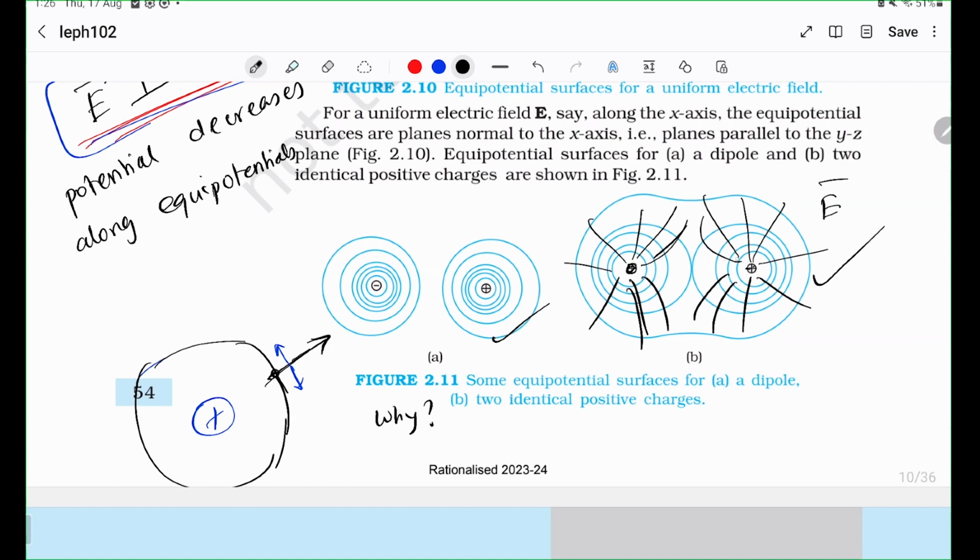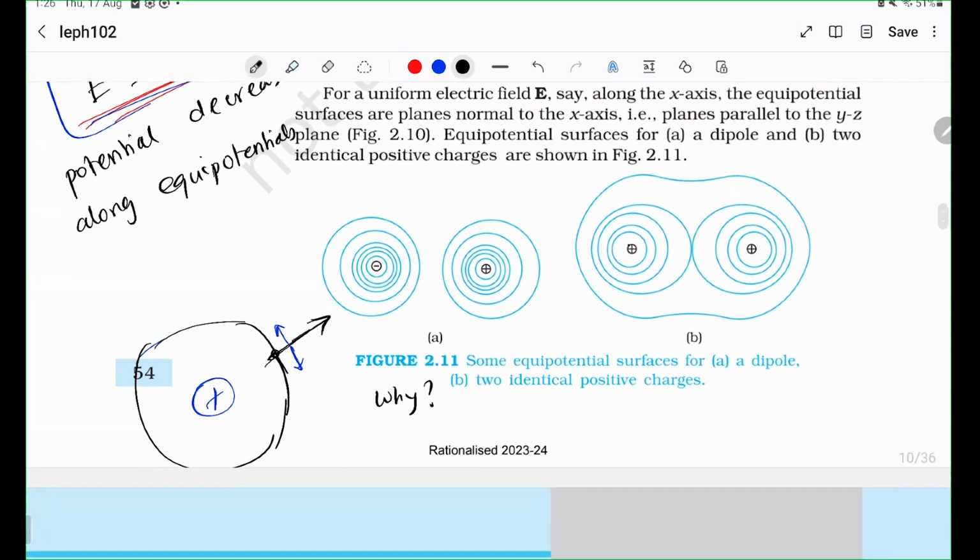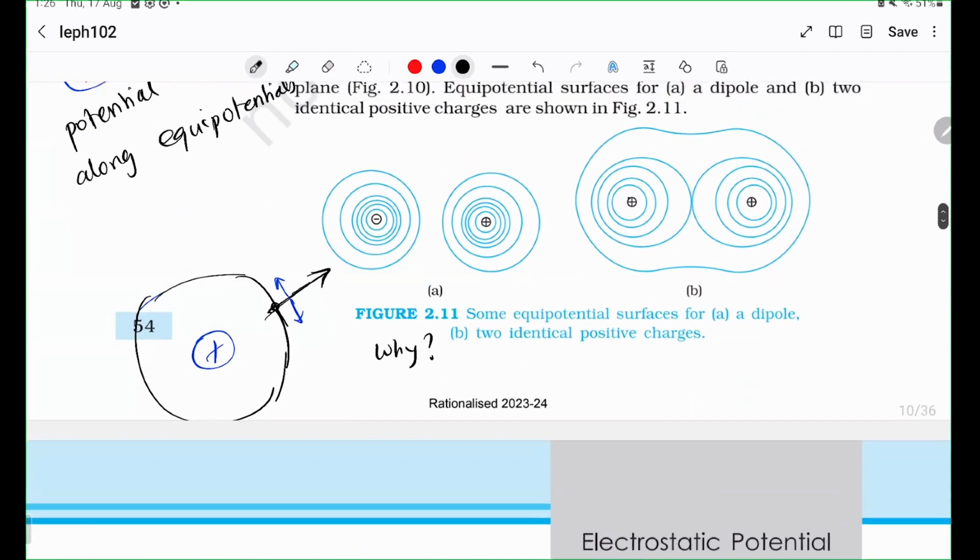So you know that the equipotentials have to be perpendicular, right? So you start drawing circles like that. I hope you understand how to draw equipotentials very quickly. Drawing them is very easy. Just look at the electric field lines. You know that electric field lines travel like this, like this. The negative charge wants to pull in electric field lines, right? Whereas the positive charge wants to push out lines.